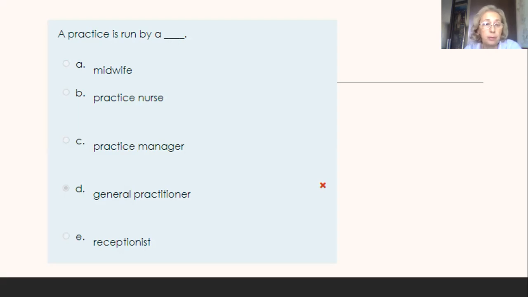So this is the person who organizes all the processes and distributes the activities in the hospital and so on. That is why we can't use general practitioner here.